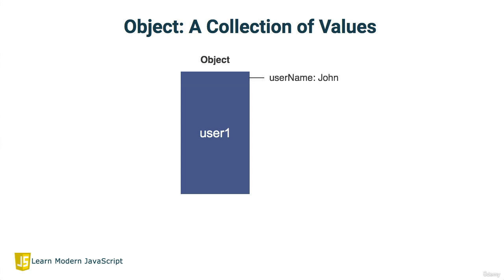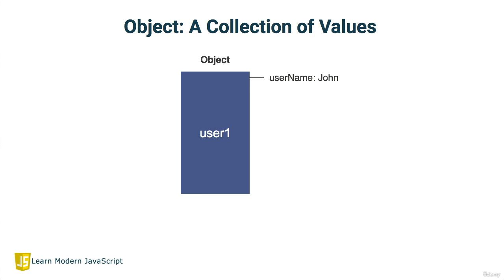Now, since an object is a collection of values, we need a way to refer to those values. So each value is given a name. In this case, the name of the value is username. The value is John. We call those collections of values in an object name-value pairs, because they consist of both a name and a value.